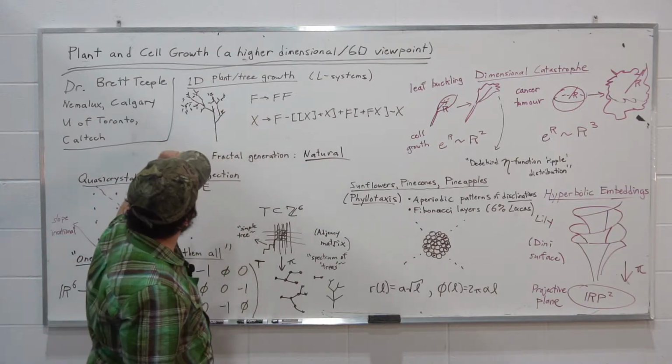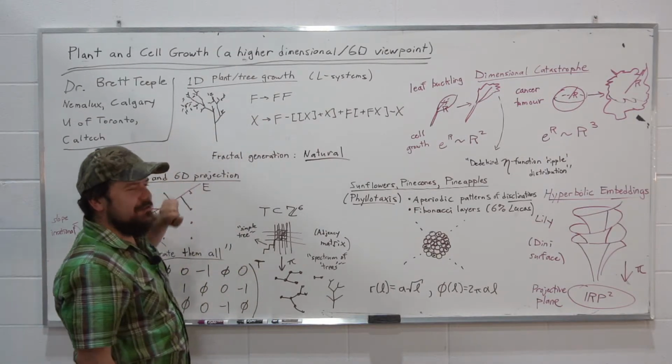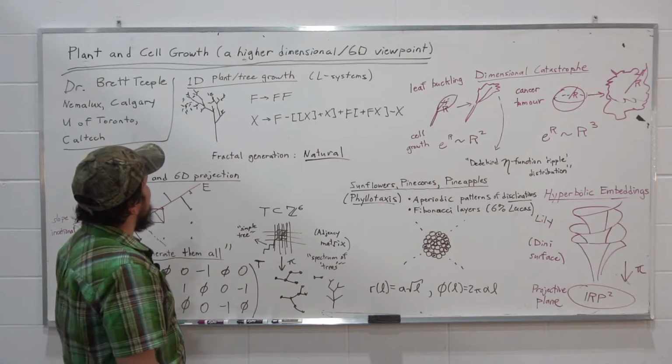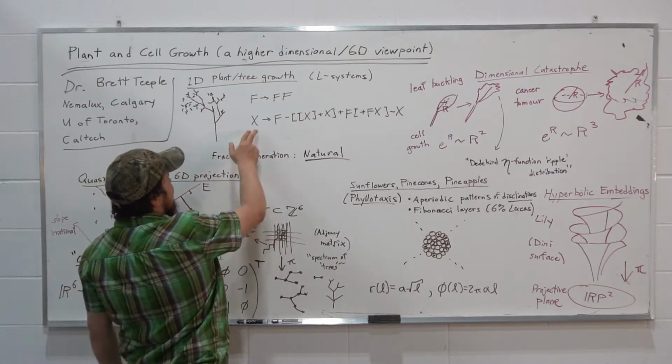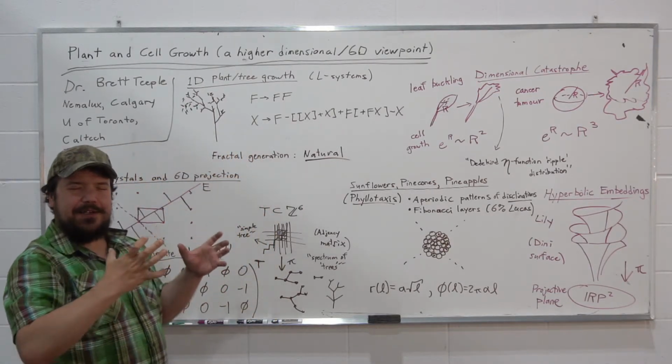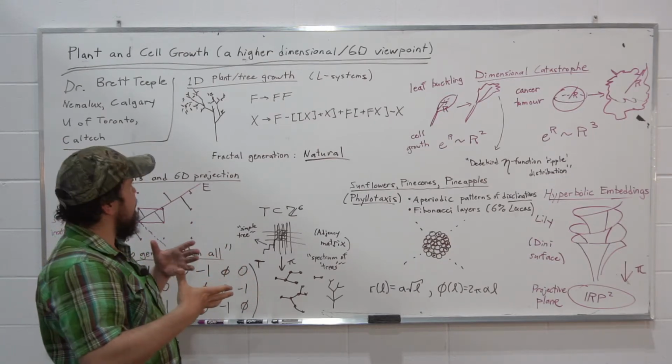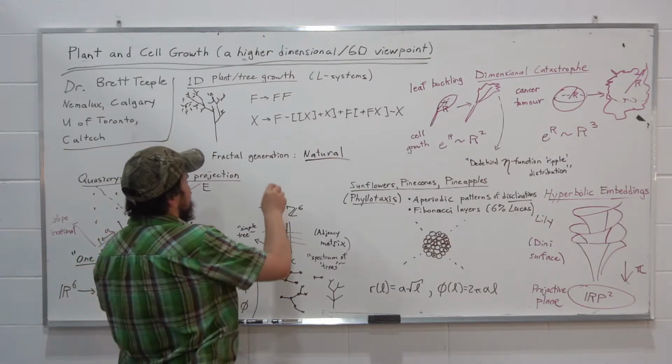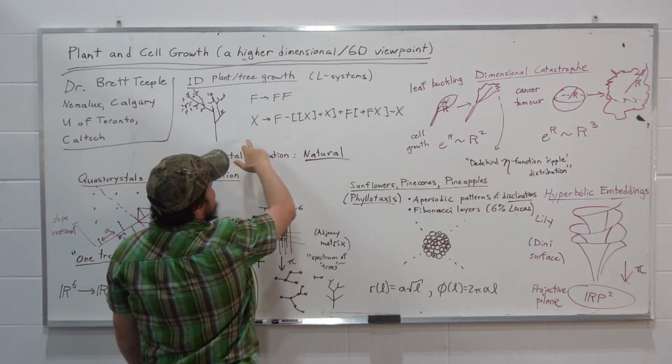So F just means move forward, which means grow 1 stem. And X is just the actual plant itself at that time, and then you replace it.